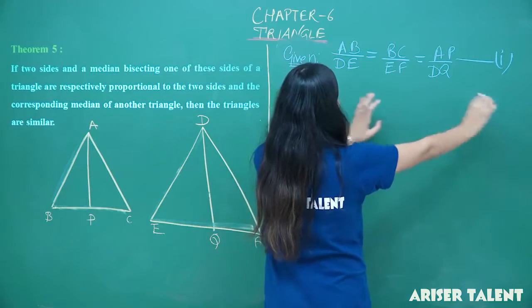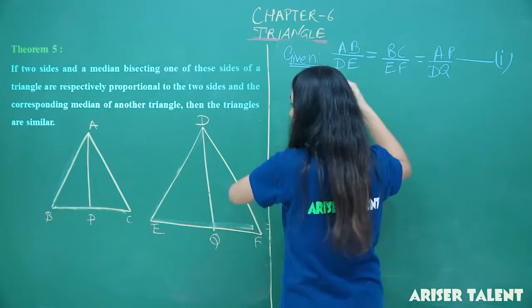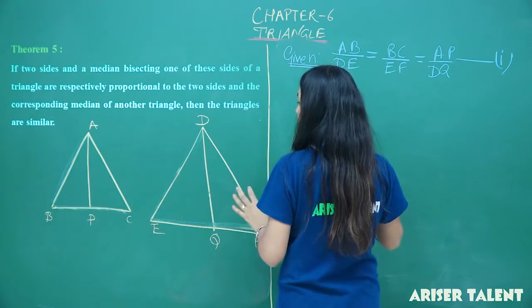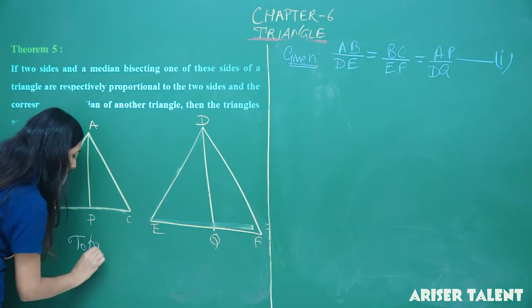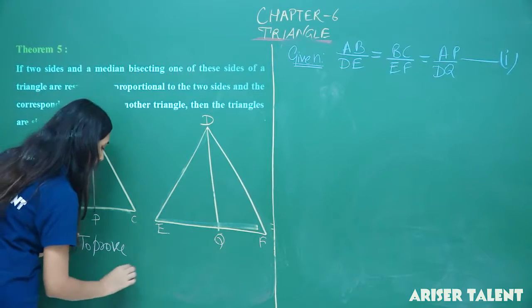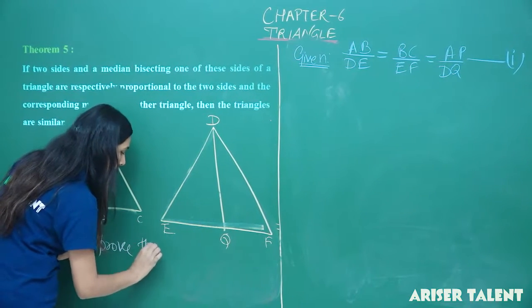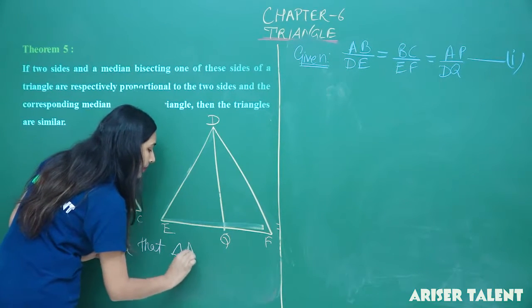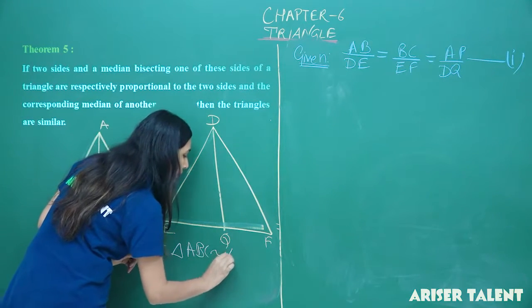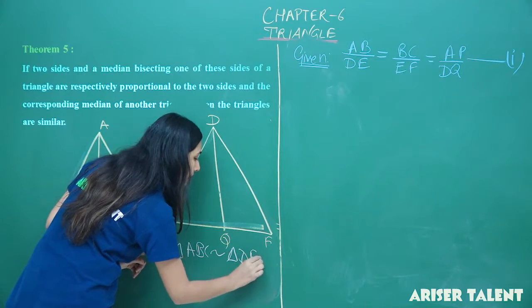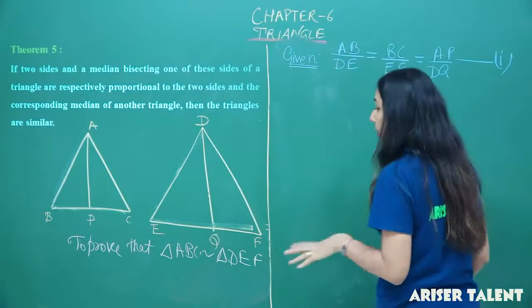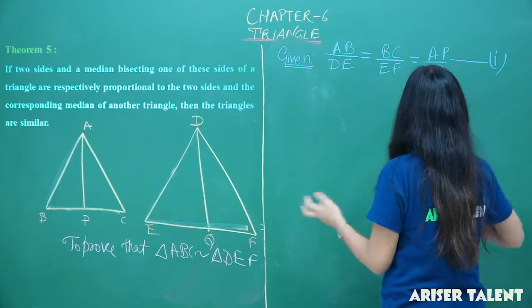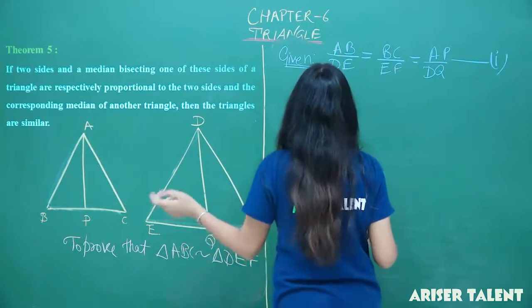We have this proportion, so we have to somehow use it, and we have to prove that triangle ABC is similar to triangle DEF. Now PQ and DQ is of no use, but we have to use it somehow so that we can prove this relationship.